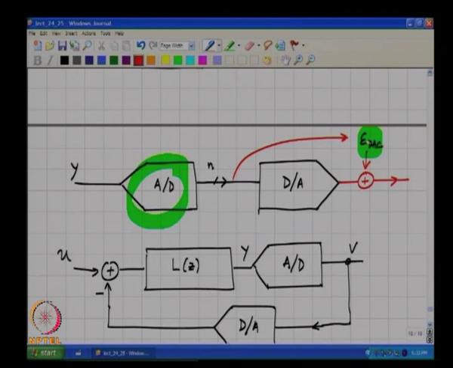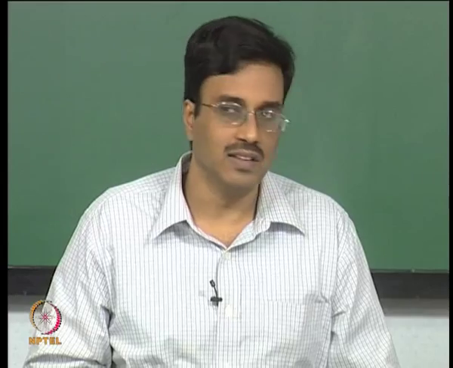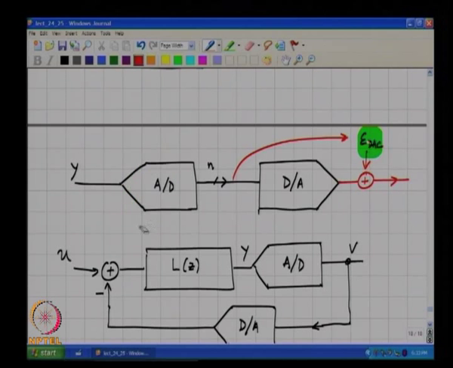Non-idealities in the D to A converter can be modeled by a sequence which adds to the output of an otherwise ideal DAC, and this sequence is a function of the input sequence into the DAC. Is this clear?